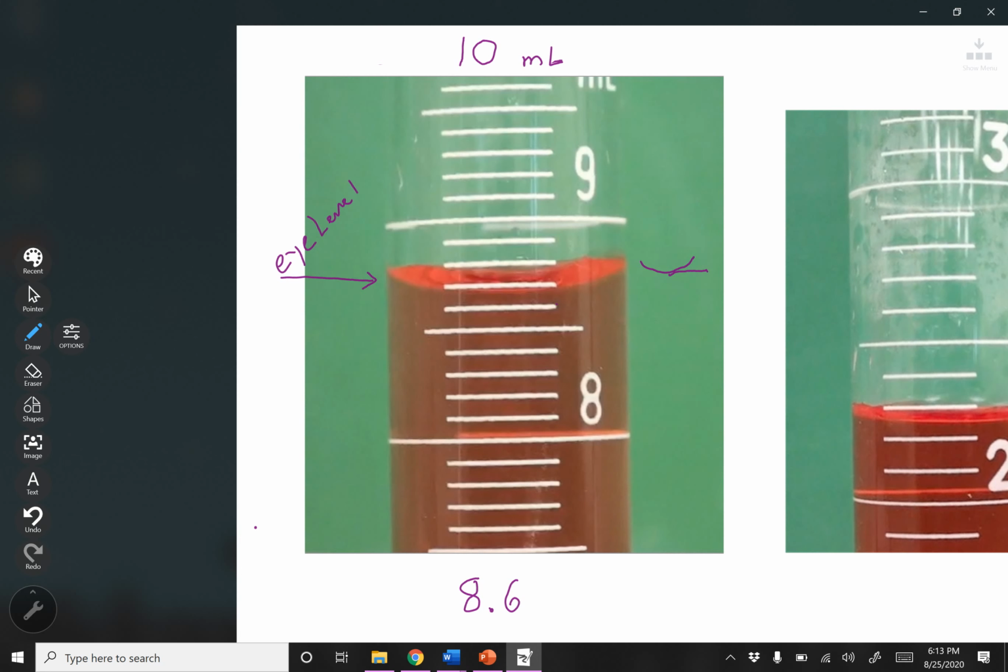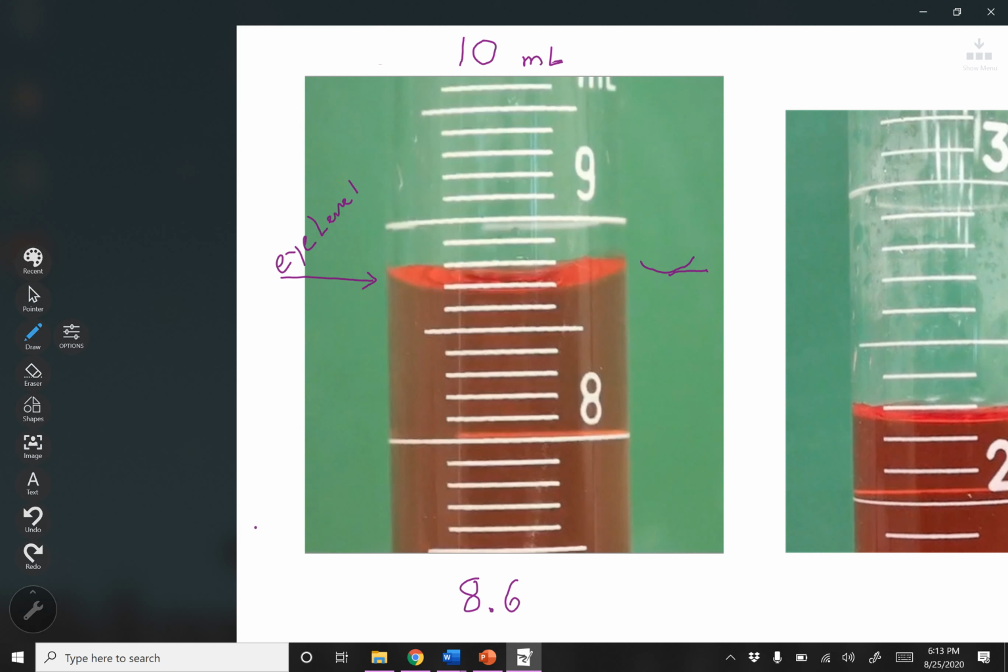Now again, I can divide this in half, and half, half, and half. But what you want to do is just divide this into 10 imaginary sections. It's hard for me to draw in this, but in your mind, you can divide this into 10 equal sections.